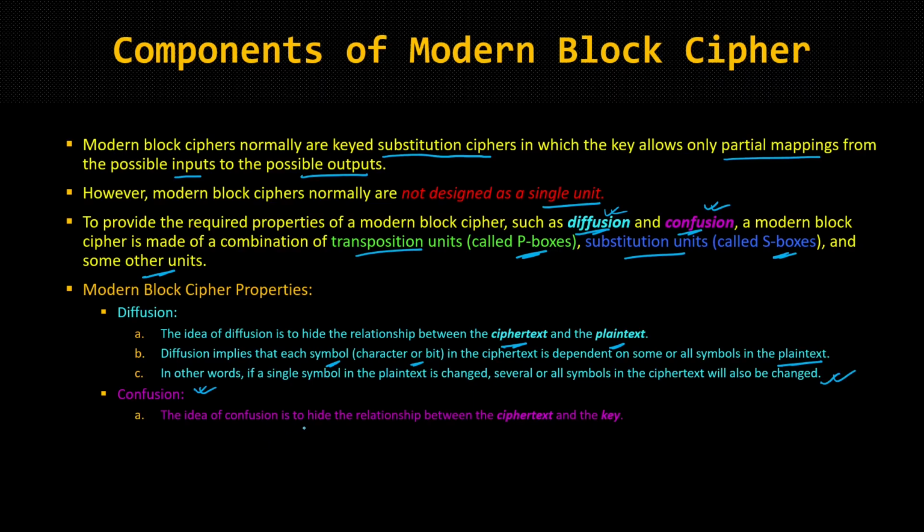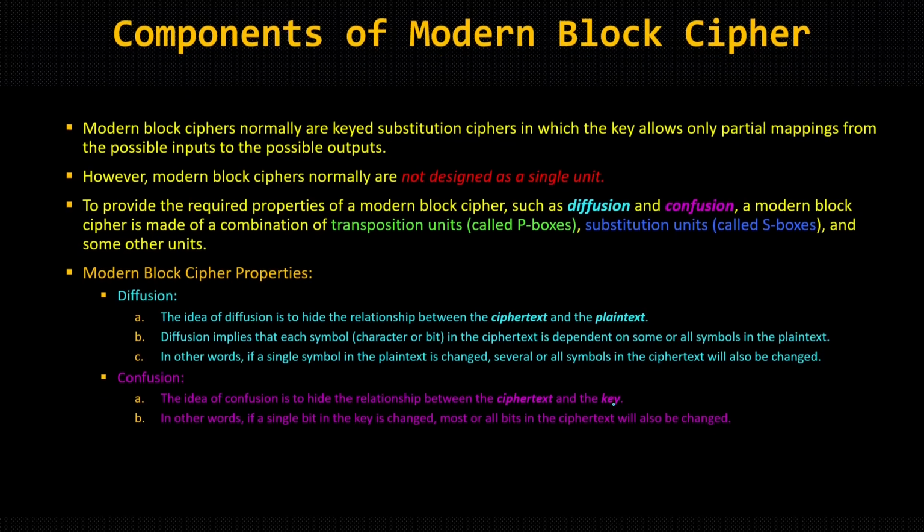The idea of confusion is basically to hide the relationship between the ciphertext and the key. So in other words, if a single bit in the key is changed, most or all bits in the ciphertext will also be changed. So these are our two properties, diffusion and confusion, where diffusion is hiding the relationship between our ciphertext and plain text, and confusion is hiding the relationship between our ciphertext and key.